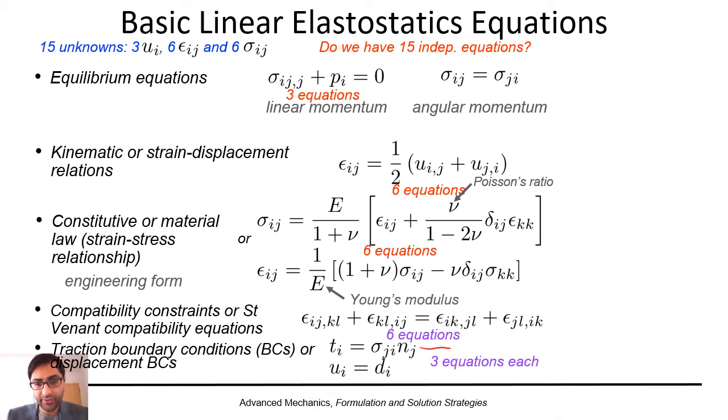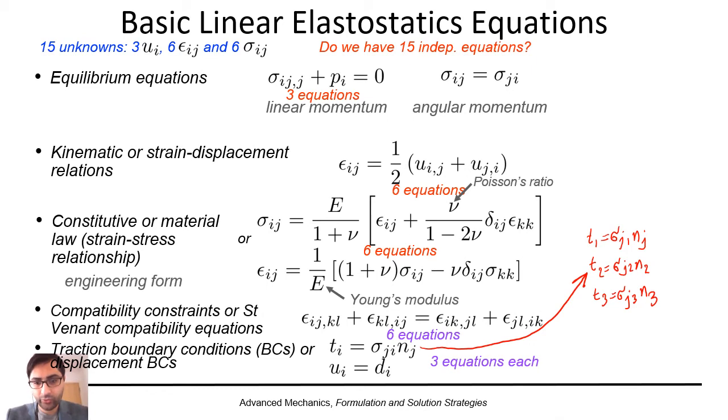So you've already seen the traction equations. So it basically gives us a vector relation for the traction. Note that j is a summative index, so we have T1 is sigma j1 and j, T2 is sigma j2 and j, and T3 is sigma j3 and j.